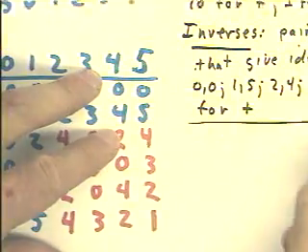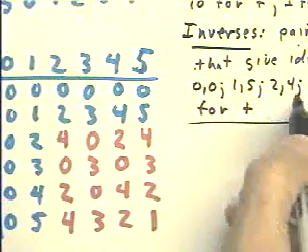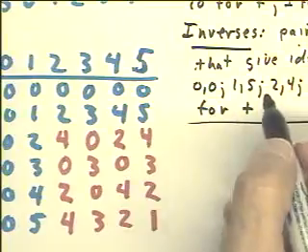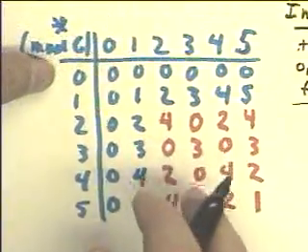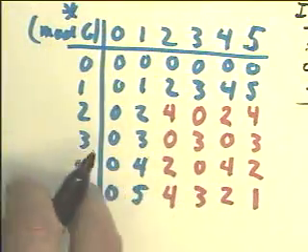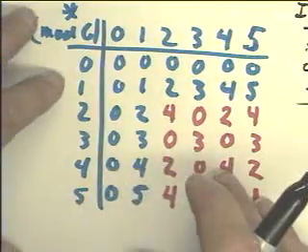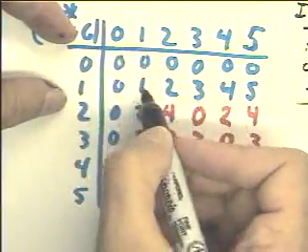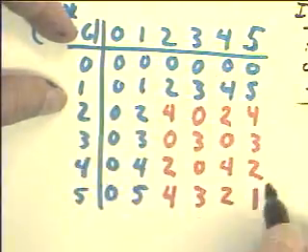If everybody has an inverse, if every number appears as an inverse, then the table is said to have the inverse property. Now, this table, the table for multiplication mod 6, does not have inverses. Some numbers do. 1 and 1 will give us 1. 5 and 5 will give us 1.